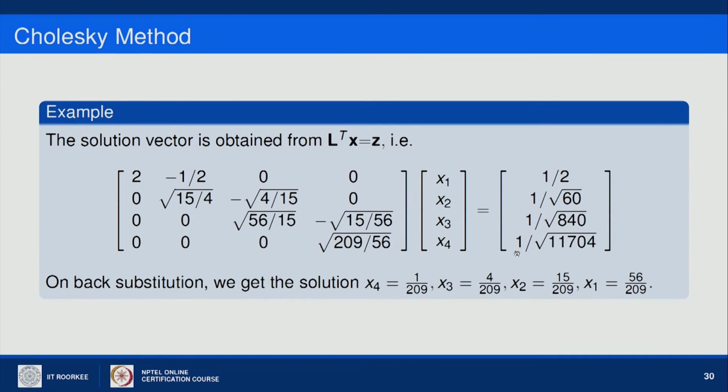Once I get Z1, Z2, Z3, Z4, I can solve L transpose x equals Z using back substitution, and I will get the values of x1 as 56 upon 209, x2 as 15 upon 209, x3 as 4 upon 209 and x4 as 1 upon 209.